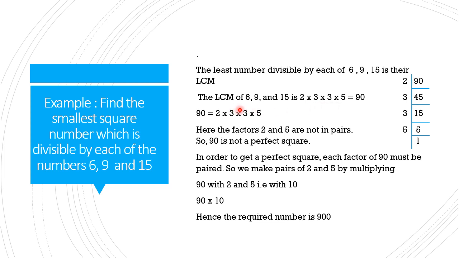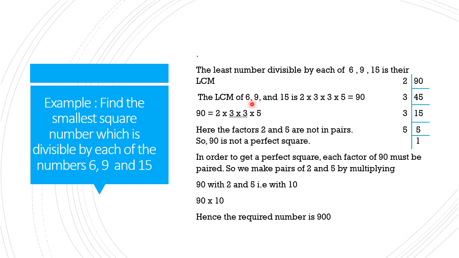You must know how to find the LCM of three numbers 6, 9 and 15. And you know children, 90 is not a perfect square. You factorize the number 90. Then you get 90 is equal to 2 into 3 into 3 into 5. And from this we get the point that the factors 2 and 5 are not in pair. So we have to multiply the number 90 by 2 and 5 to make it a perfect square.